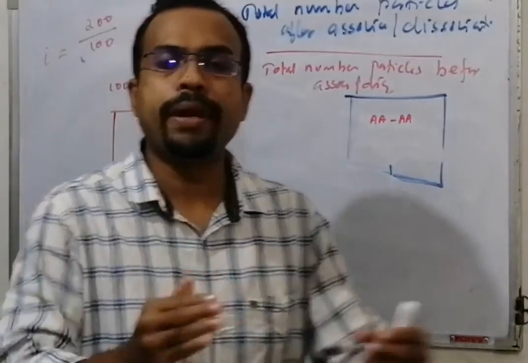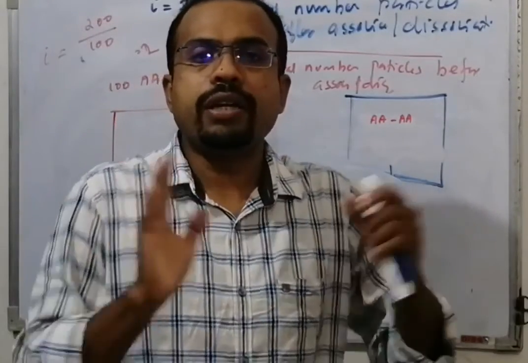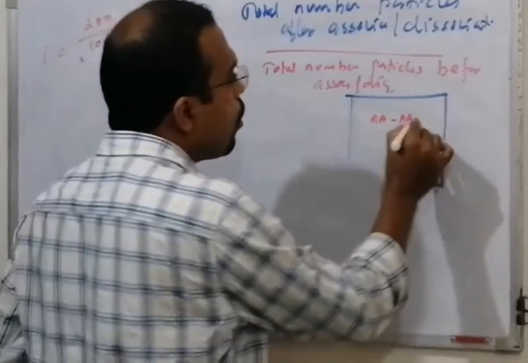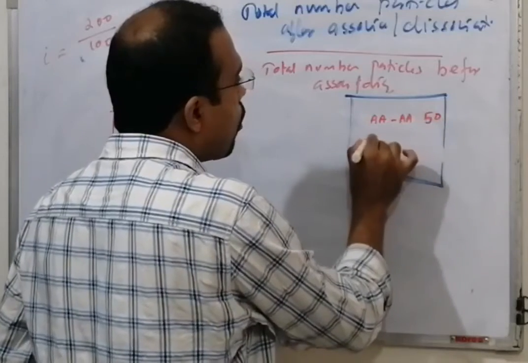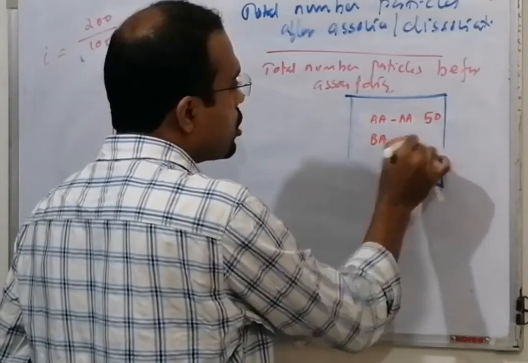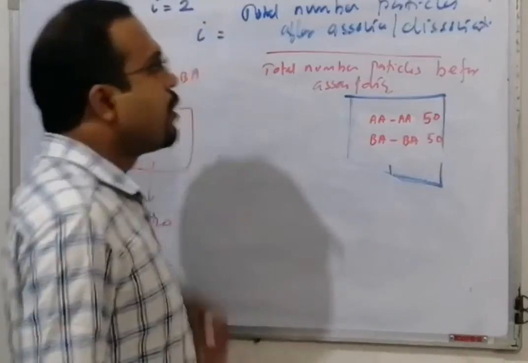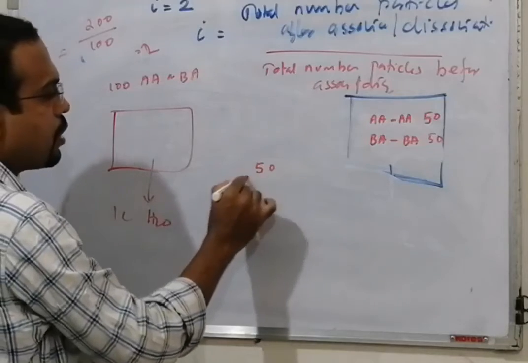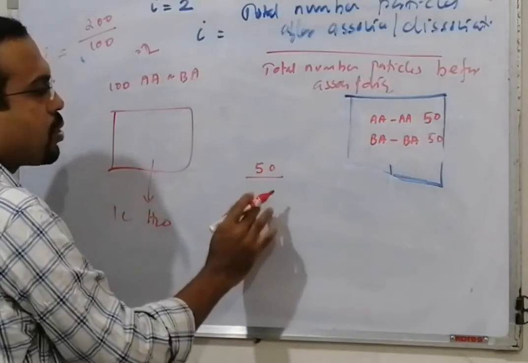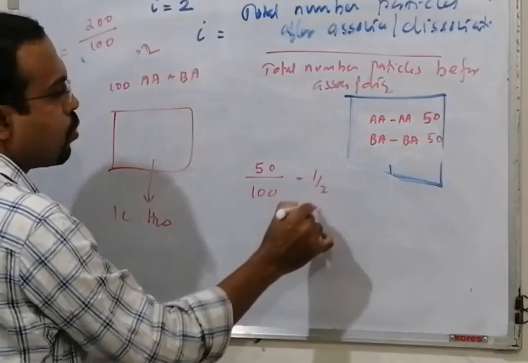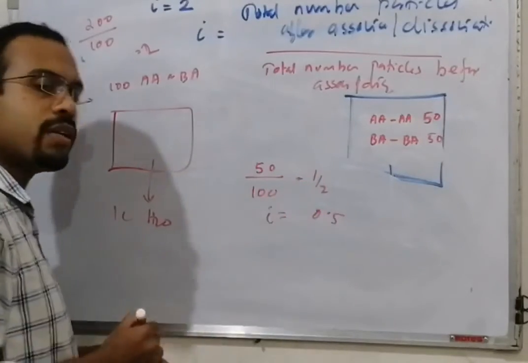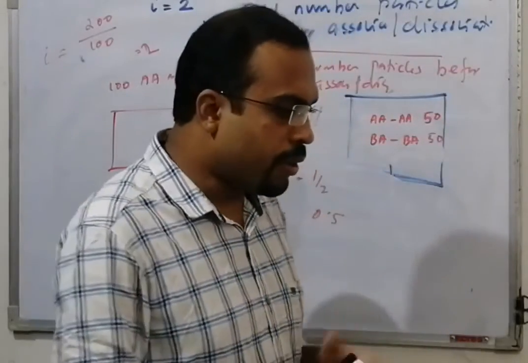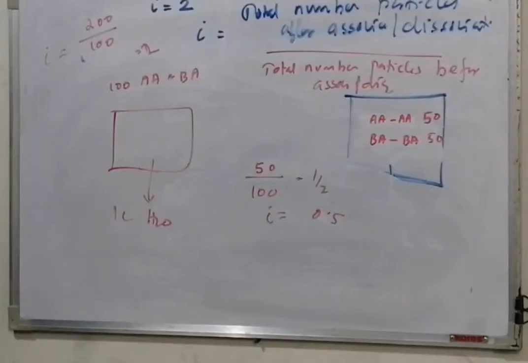You have added 100 separately, but after reaching the water, 2 joined. Therefore, you will get how many? Only 50 pairs, or benzoic acid, 2 each joined, 50. Therefore, what is the actual number after association? 50. Before association, 100. Therefore, 1 by 2 or 0.5. Therefore, here van't Hoff factor is 0.5. Yes. Therefore, this is all about the van't Hoff factor.